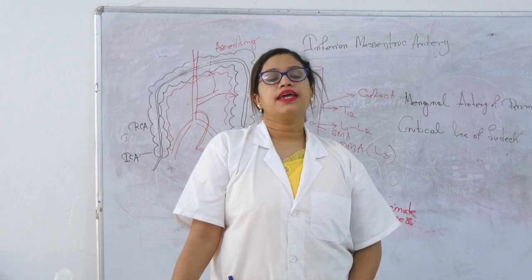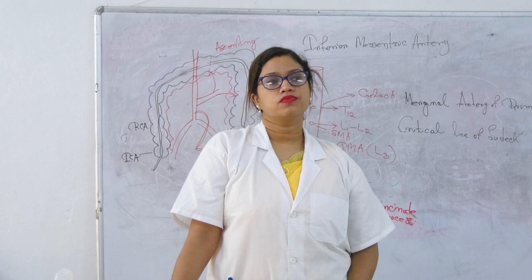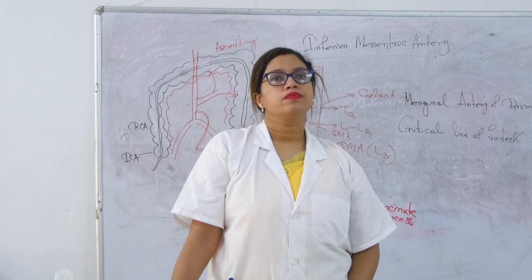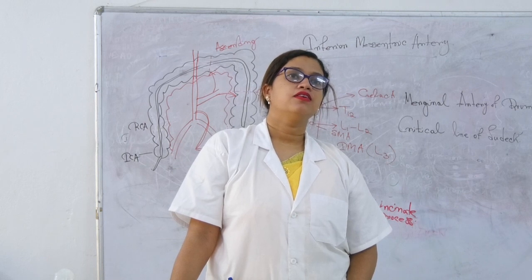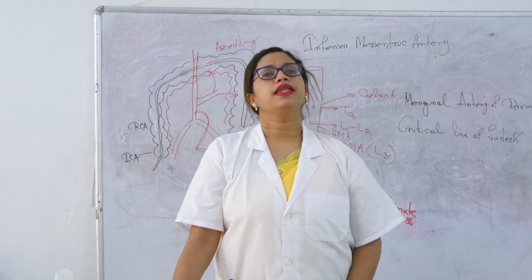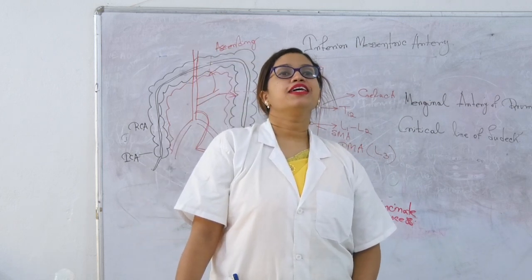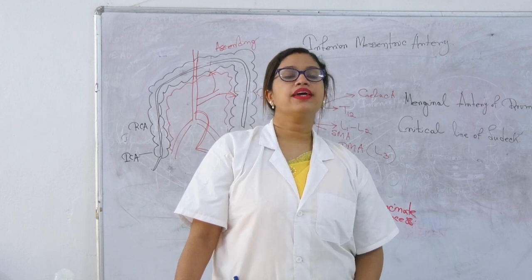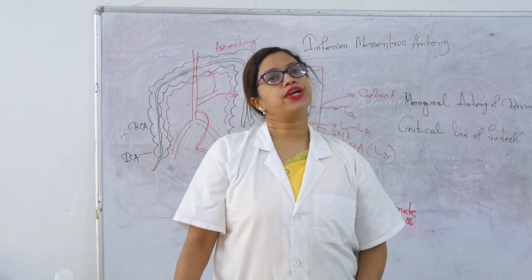Then which is the next artery? Splenic artery branches. Which are the branches of the splenic artery? First one is the left gastroepiploic artery. Then the second one is the pancreatic artery. Then the third one is the short gastric artery.